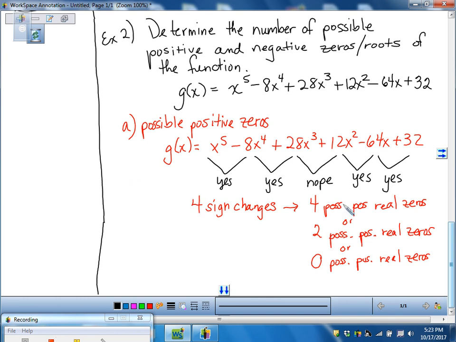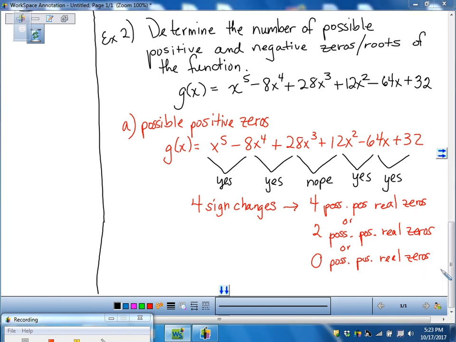If I find one positive zero or root that works when I do my synthetic division, then that means there has to be another one, because it has to be an even number according to this. If I find 3 of them, then I know there has to be a 4th one. So that kind of tells me what numbers to try, whether to try positive or negative numbers when I'm doing my synthetic division.